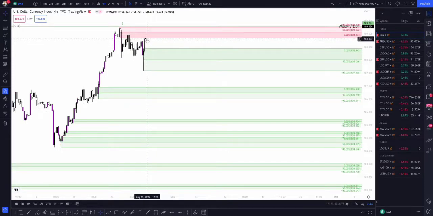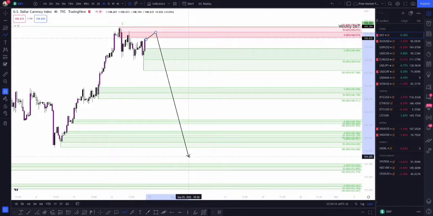So from the onset, I'm looking for the dollar index to continue to respect this supply and head down. So that's what I'll be looking for here on the dollar index, is for price to come up into this supply, give me a sell trade confirmation, and begin to take this down.